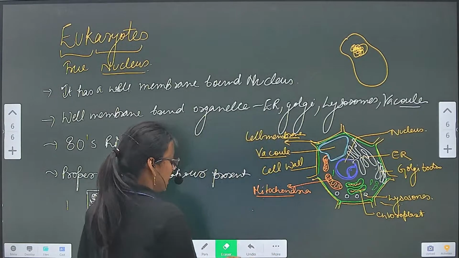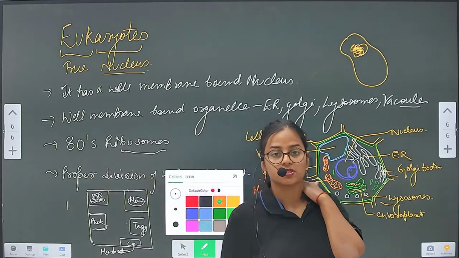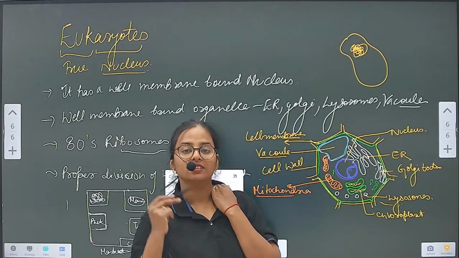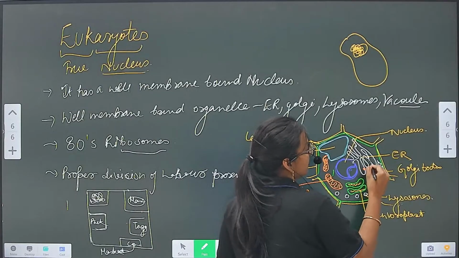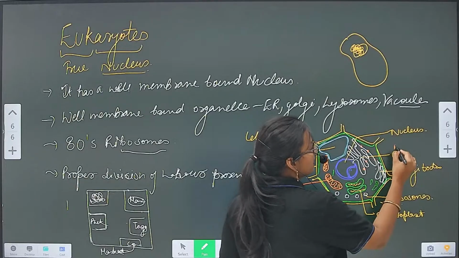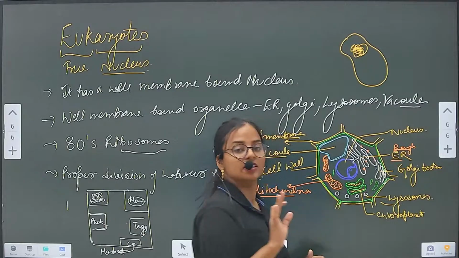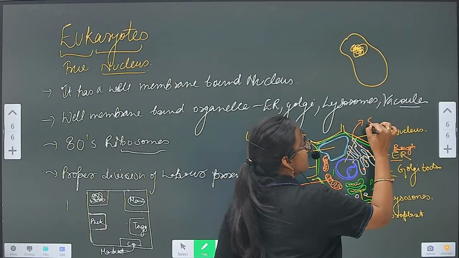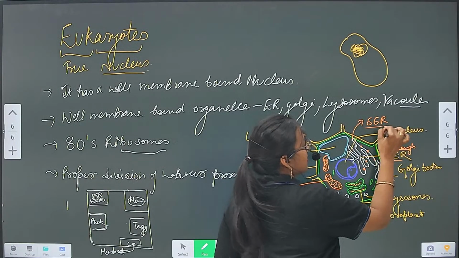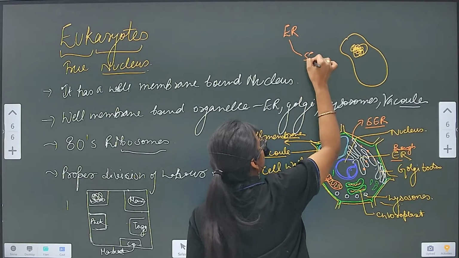See, on the endoplasmic reticulum, if the ribosomes are present on the surface, then we call it rough endoplasmic reticulum, and if the ribosomes are not present on the endoplasmic reticulum, then we simply call it smooth endoplasmic reticulum. Means endoplasmic reticulum is of two types, SER and RER.